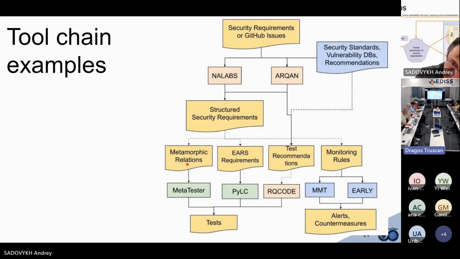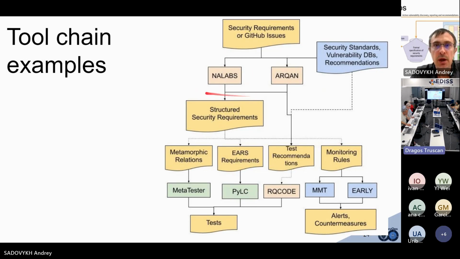So in the DevOps environment, requirements come into what we call issue trackers, like GitHub would have one of those. These issues should be analyzed. It's done most of the time manually by the project managers or developers that classify them.